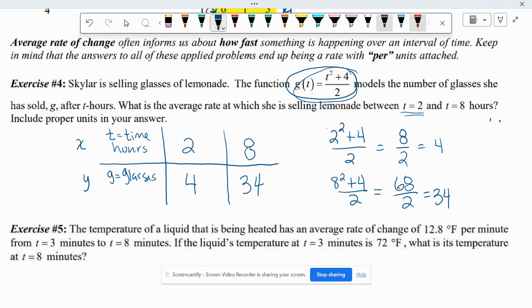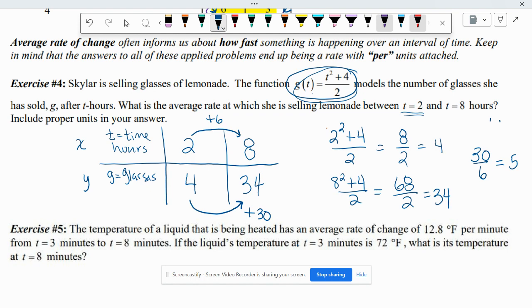We always start with the y. So what is my change in y? What did I do to go from 4 to 34? Plus 30. What is my change in x? What did I do to go from 2 to 8? Plus 6. So 30 over 6 equals 5.